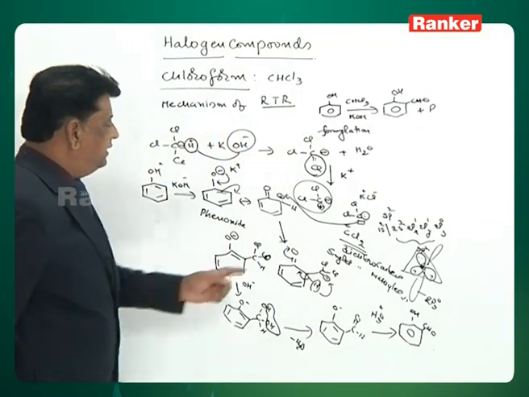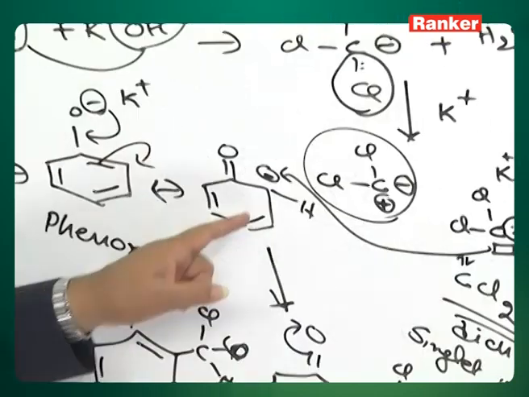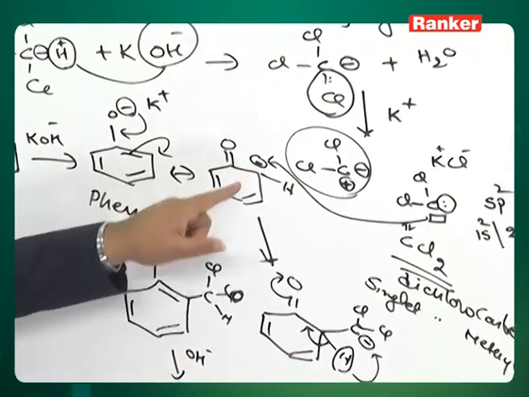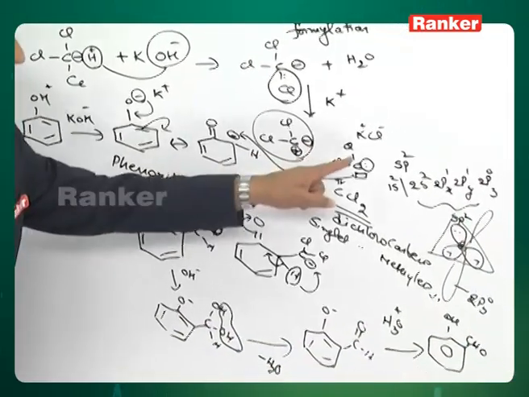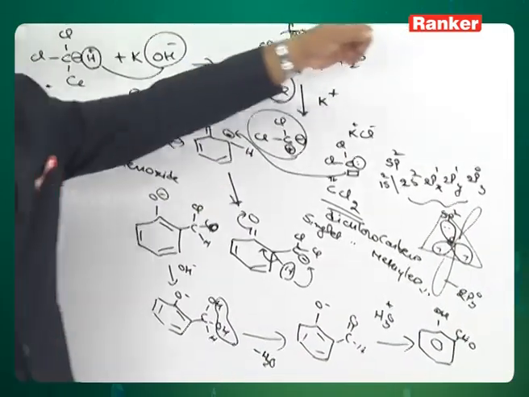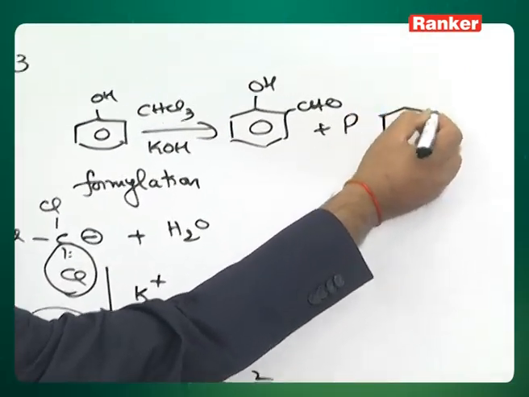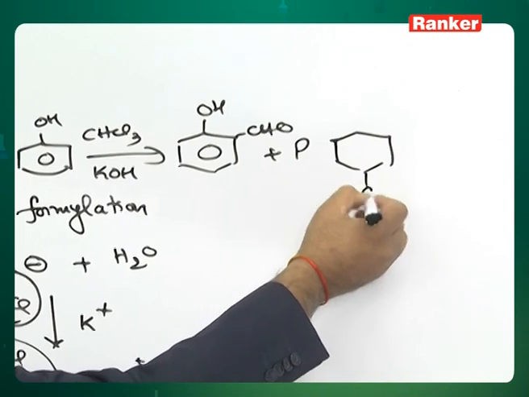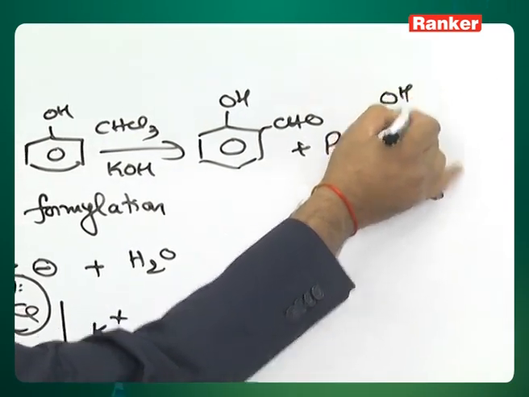Similarly, if the CCl2 attacks when the minus goes to the para position, the next resonance structure will have the para minus. On that para minus, if CCl2 attacks, you will get the para isomer, so the aldehyde group can be at para also. That is what you have to explain.